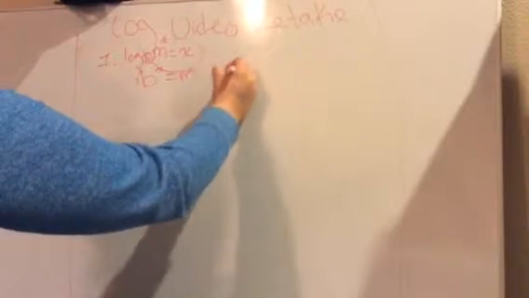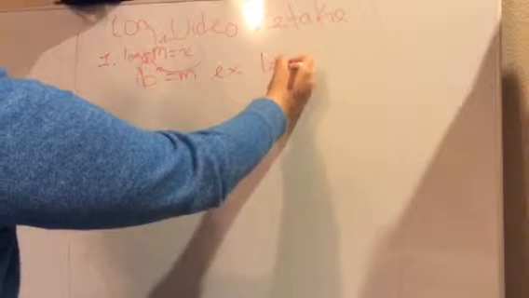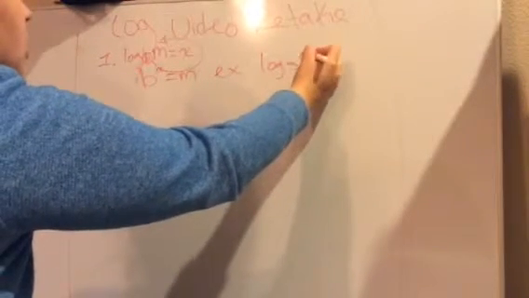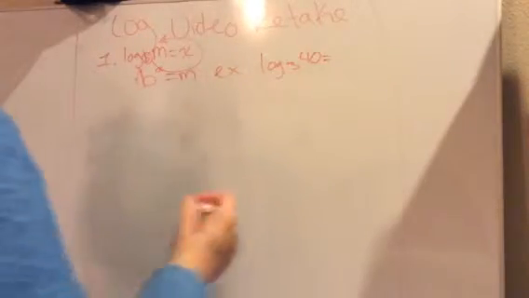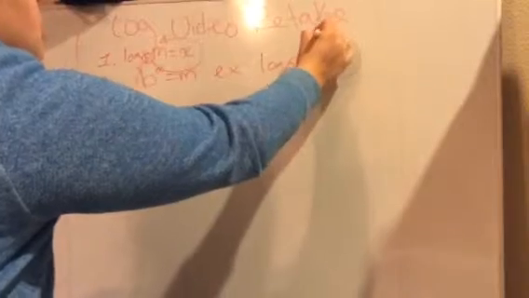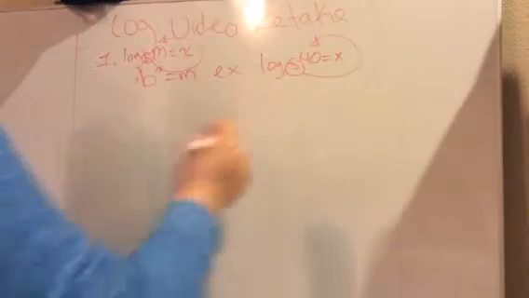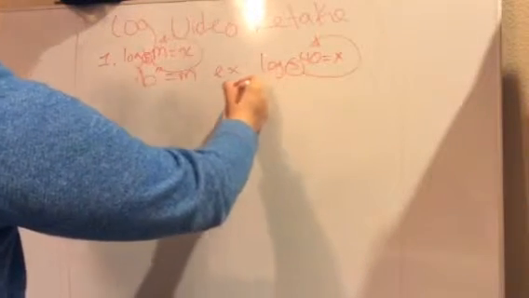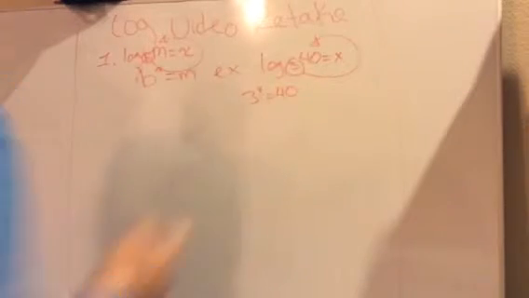An example would be log base 3 of 40 equals x. Take this, move it over here. So then it would turn into 3 to the x equals 40.